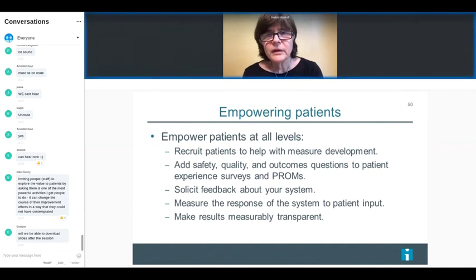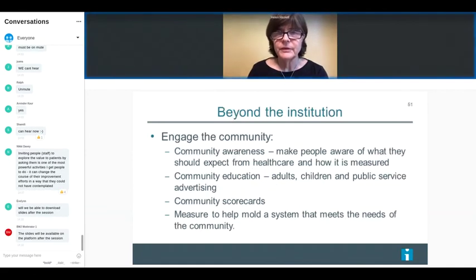There are still important aspects of safety that these measures do not get at. Solicit feedback about your system, measure the response of the system to patient input, and make the results transparent. This isn't something institutions have found easy to do, but it is probably our biggest driver for improvement.